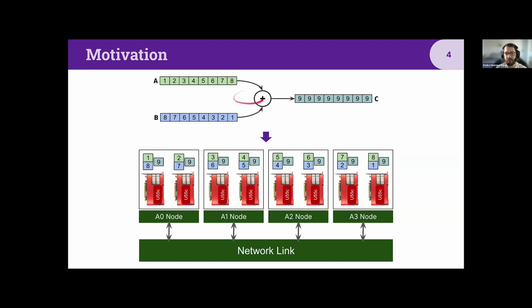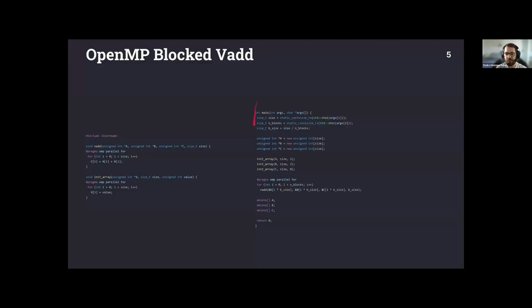So if you want to program this just using simple CPU code, parallelizing with regular OpenMP, you would end up with something like this. It's a very basic, very small code, and we don't really need to go further into the details of it, I just want you to see the big picture here.